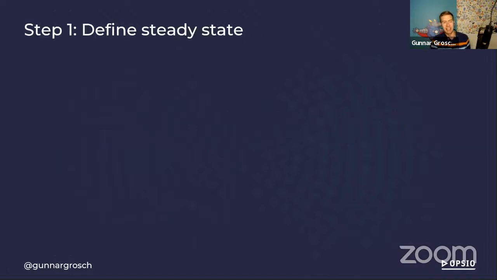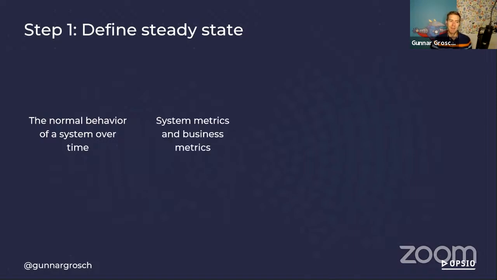Defining the steady state. The steady state is the normal behavior of a system over time. So it's highs and lows, ups and downs, and so on. And we find this steady state by using system metrics and business metrics.